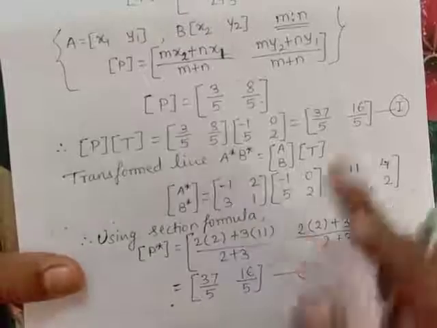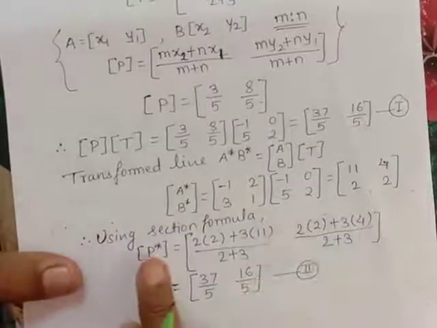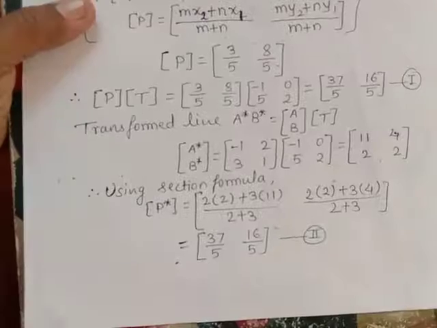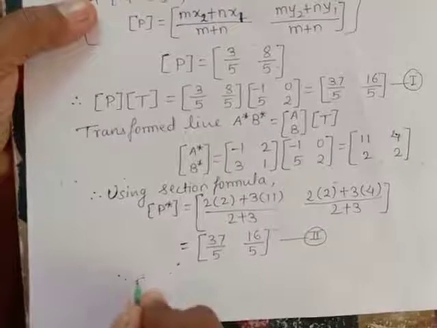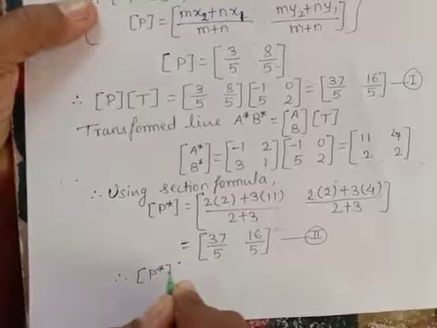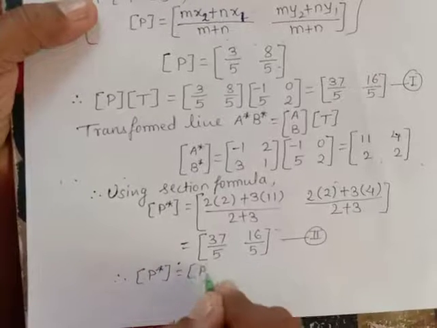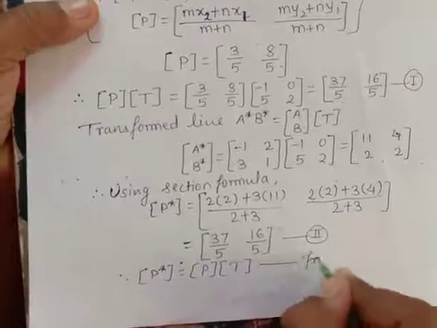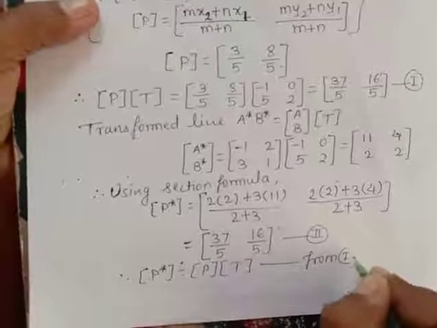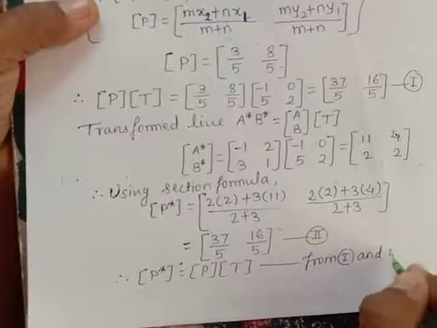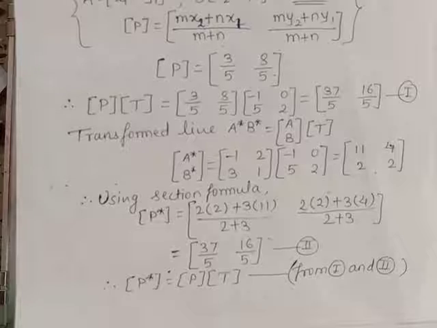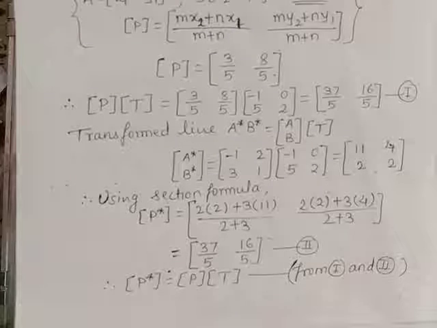So from 1 and 2 we get that this P star is the same as P into T. Therefore, P star equals P into T, from 1 and 2. Okay, thank you. In the next video we will see the slope of the transformed line.